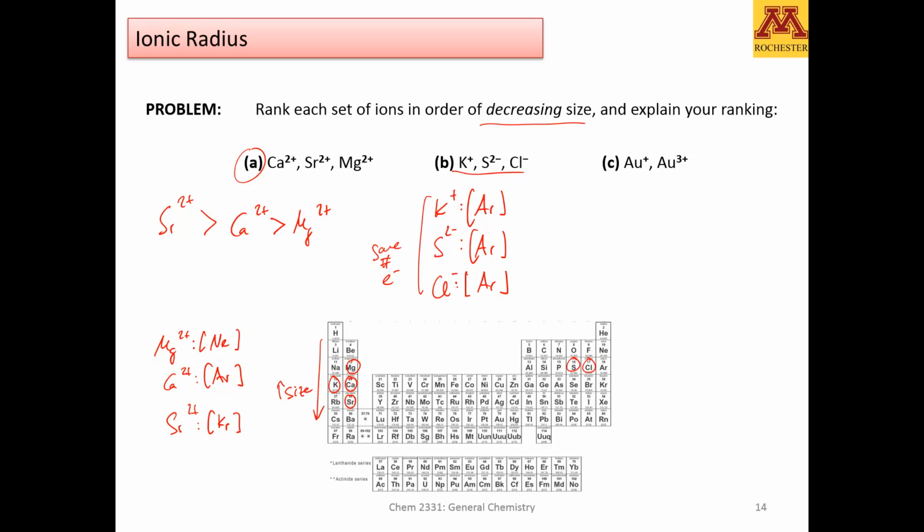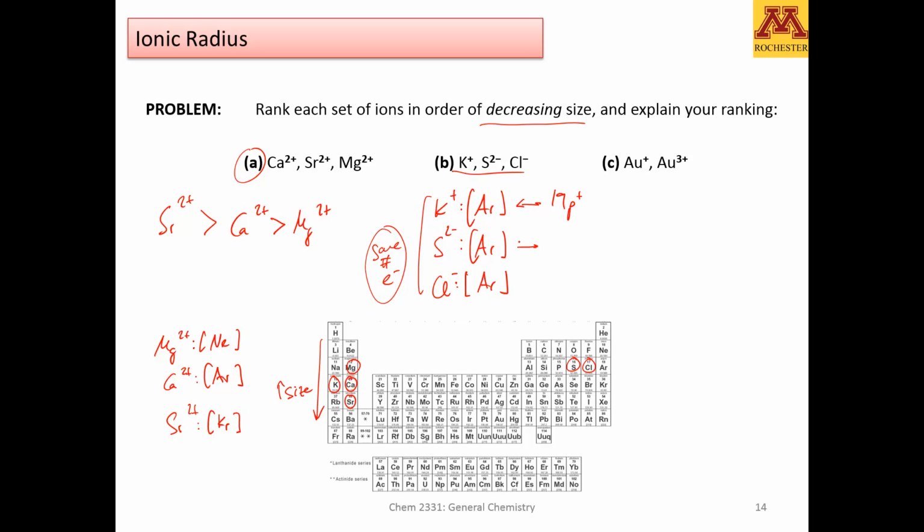However, which one of these elements has the highest nuclear charge? In other words, for the same number of electrons, which element will be able to attract these electrons more strongly? It'll be the element with the highest nuclear charge. Notice that potassium has 19 protons, that's what makes it potassium.